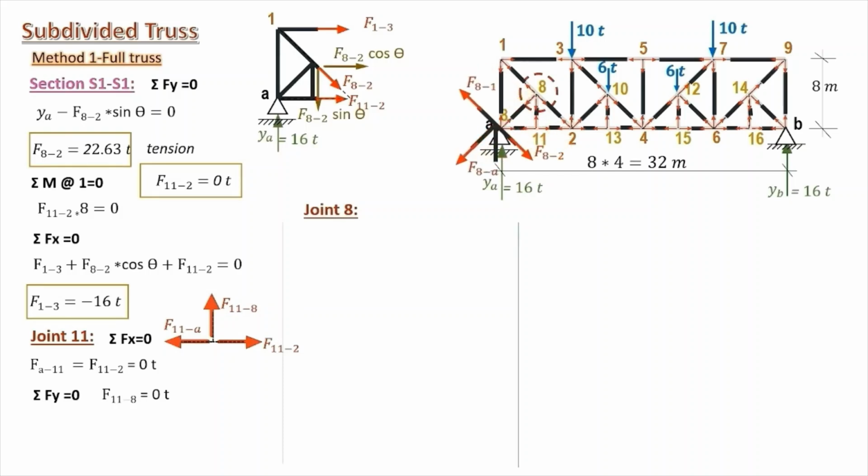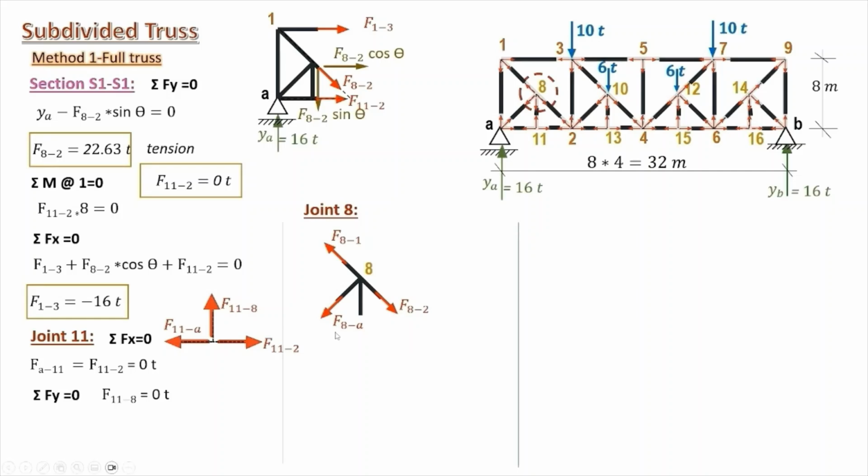Now we move to joint 8, and we extract it outside here. We already computed 8, 11 here equals 0, and therefore it doesn't really appear on our drawing. No need to have any zero forces here, just to simplify our drawing.